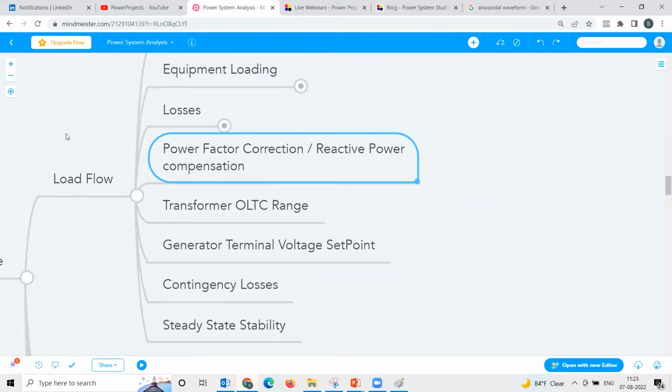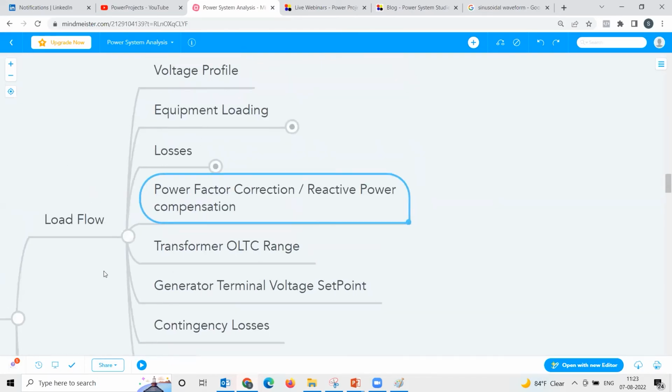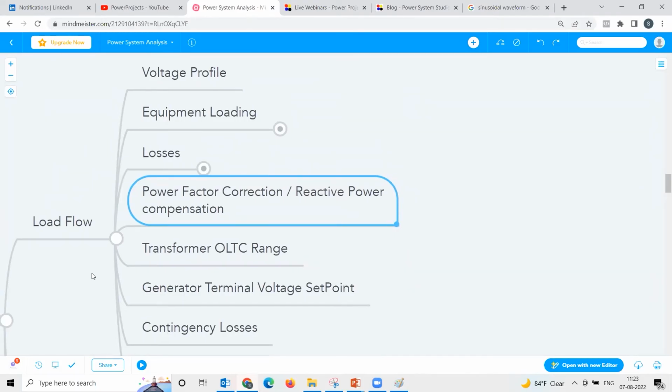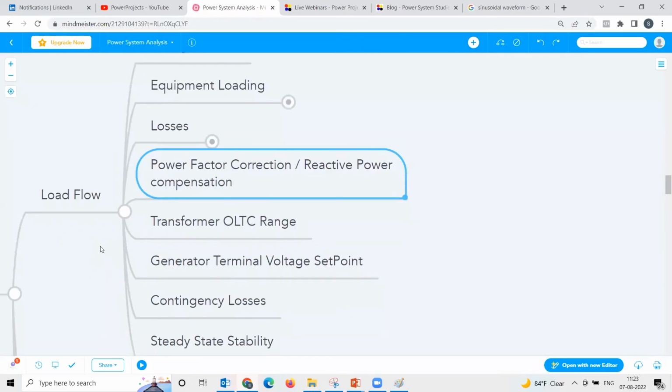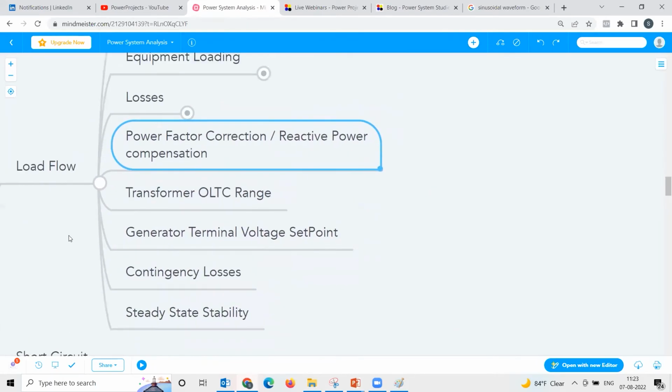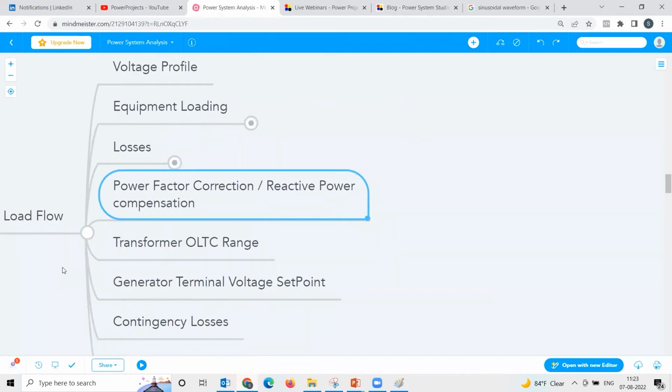And when you look at load flow, these are all the bullet points which we need to check. Voltage profile, equipment loading, losses, power factor correction or reactive power compensation study, whether a transformer needs a de-energized tap changer or an on-load tap changer. If on-load tap changer, what is the range, what's the minimum value, what's the maximum value, what's the generator terminal set point voltage which you need to give, and the contingency analysis, whether the system is steady state stable or not. All those things you need to find out using load flow.